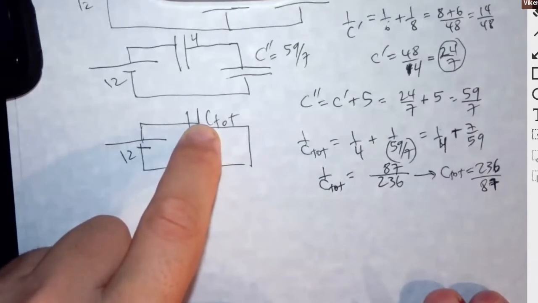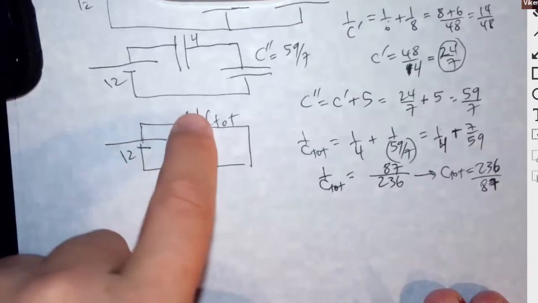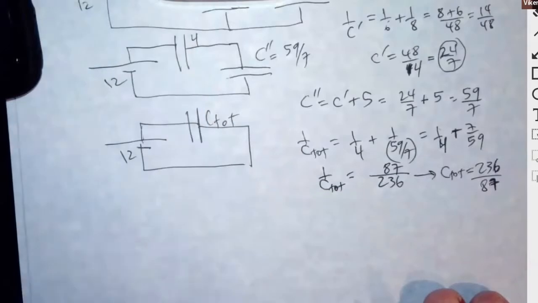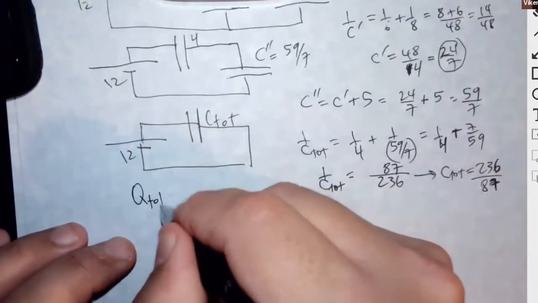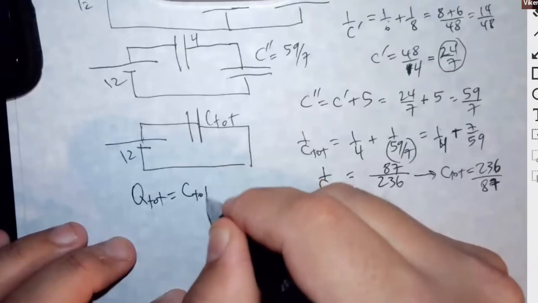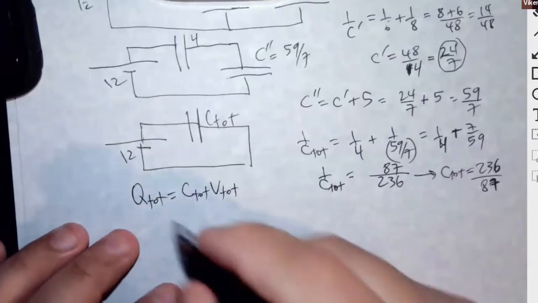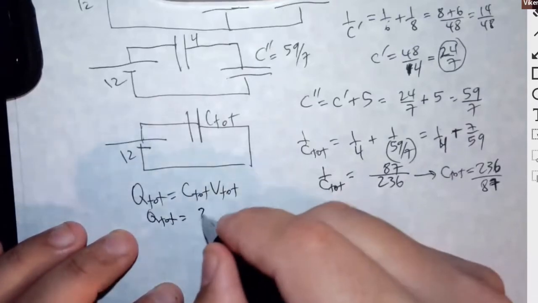So now I can say, okay, how much charge would that battery give to that total capacitance? Then we can start working our way up again. So what would Q total be? Q total would be C total, V total, right? So then Q total would be 236.